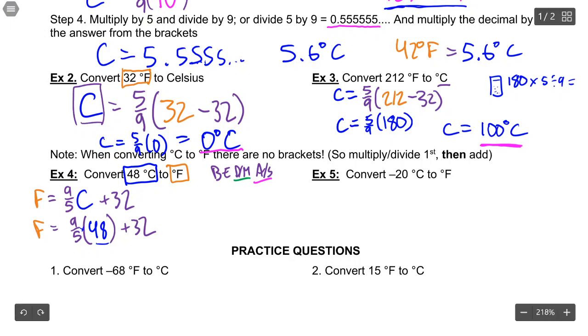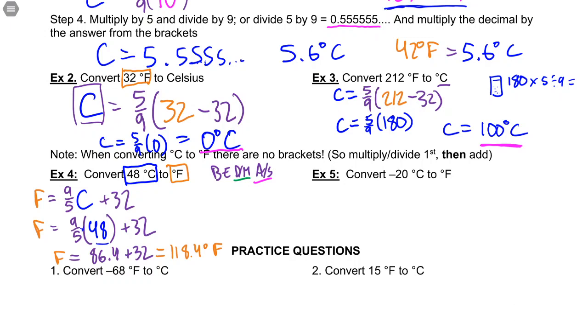So 9 divided by 5 times 48 gives us that F equals 86.4 plus 32. Plug that into a calculator. The plus 32 gives you 118.4 degrees Fahrenheit. And so 48 degrees Celsius is 118.4 Fahrenheit.